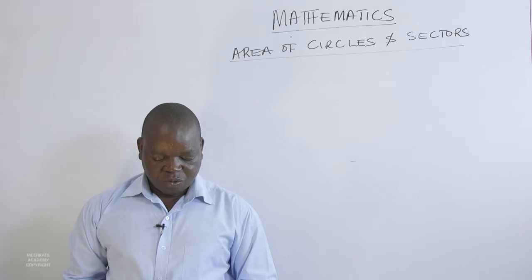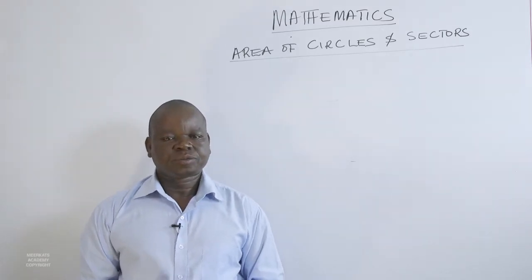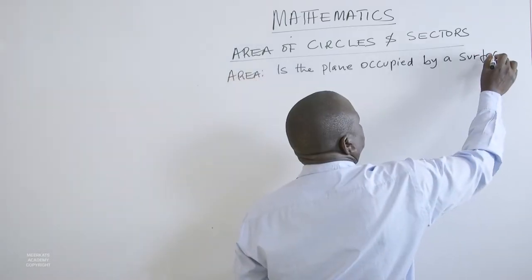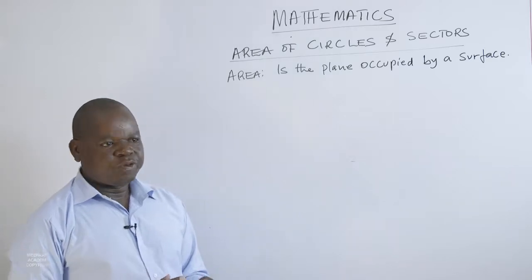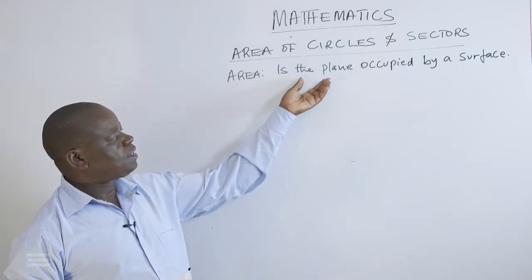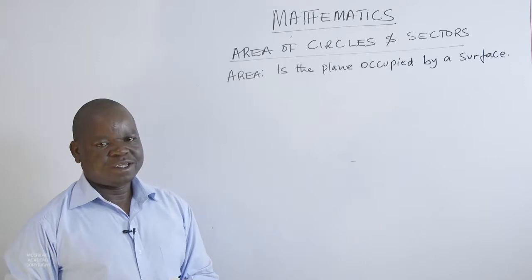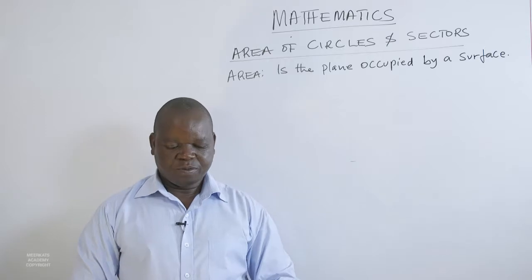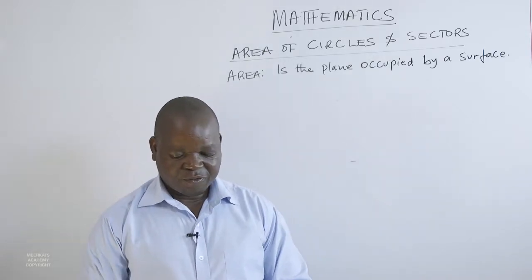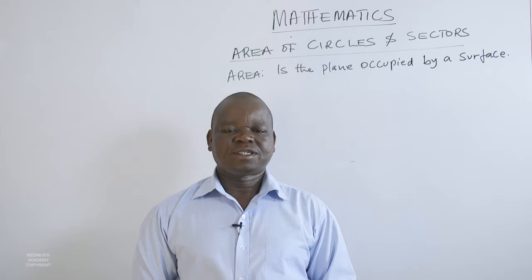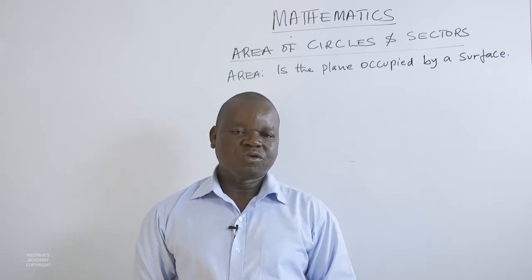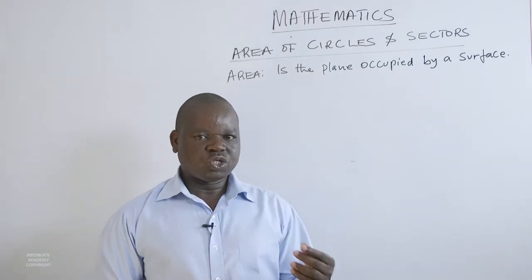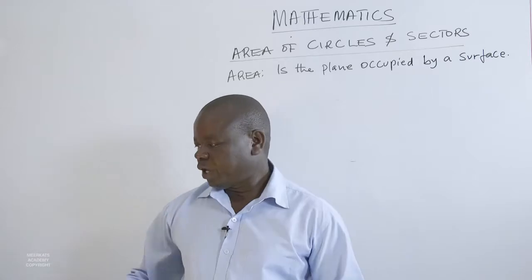Now, what is area? So when we define area, we say it is the plane occupied by a surface. Now, a surface can be the floor we are standing on, and it is defined also as a plane. So it has dimensions. The dimensions we are talking about will be what we are measuring.